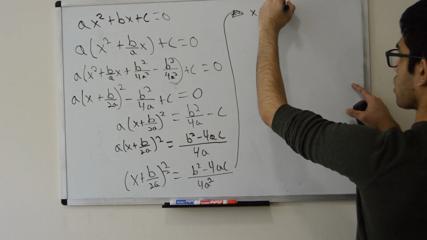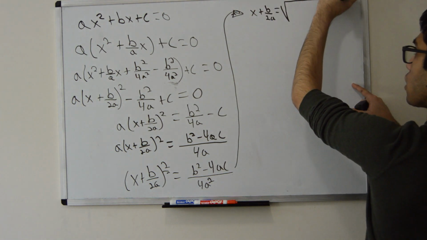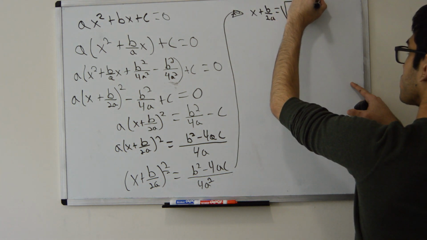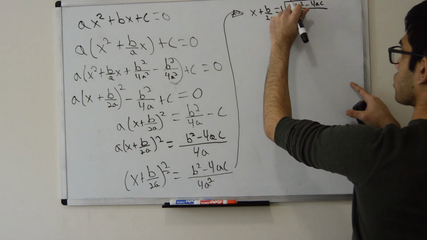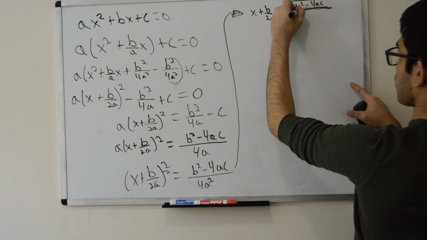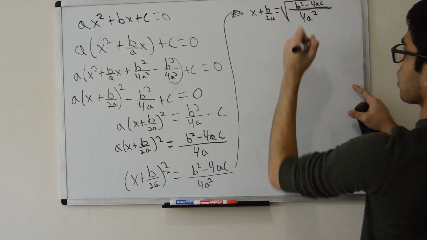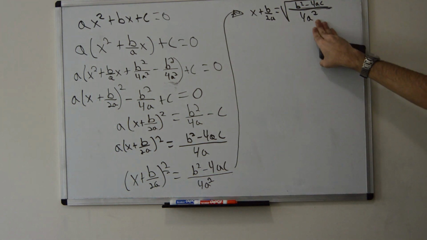And then on here, I'll have a huge square root, and I'll have b² minus 4ac over 4a². Okay, so that's how it looks so far.